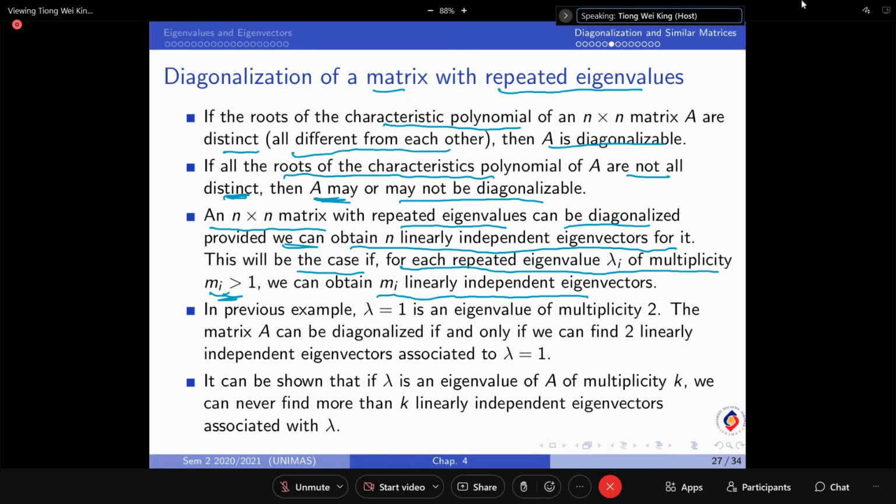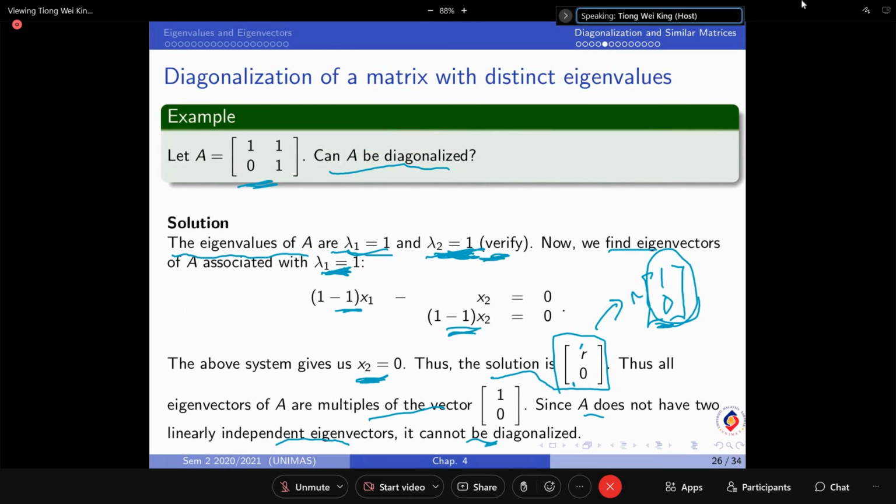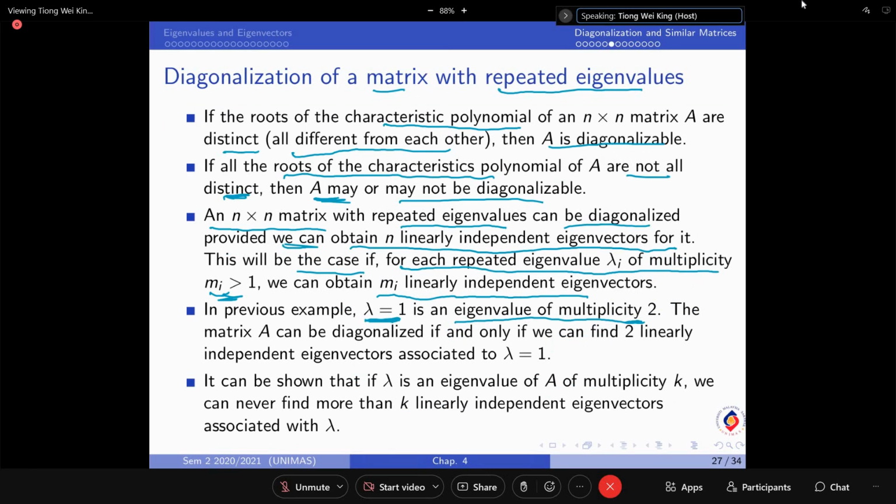For example, in the previous example, lambda equals 1 is an eigenvalue of multiplicity 2, because it is repeated 2 times. Then the matrix can be diagonalized if and only if we can find two linearly independent eigenvectors associated with lambda equals 1. If you can, then it is diagonalizable. If you cannot, then it is not diagonalizable.